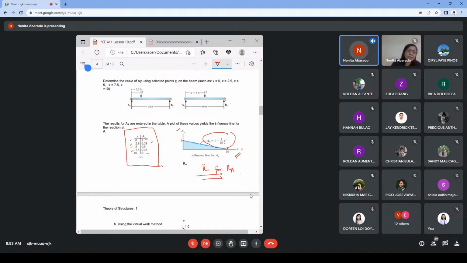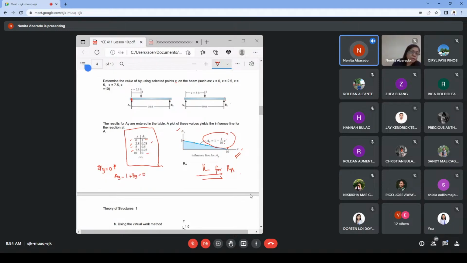We can also use summation of vertical forces equal to 0. So for our vertical forces, we have AY minus 1 plus BY is equal to 0.